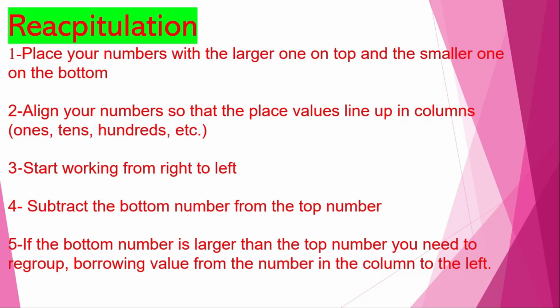Recapitulation. Now we will recapitulate the steps of subtraction. Place your numbers with the larger one on the top and the smaller one on the bottom. Align your numbers so that the place values line up in the columns: ones after ones, tens after tens, and hundreds after hundreds. Start working from right to left. Subtract the bottom number from the top number.